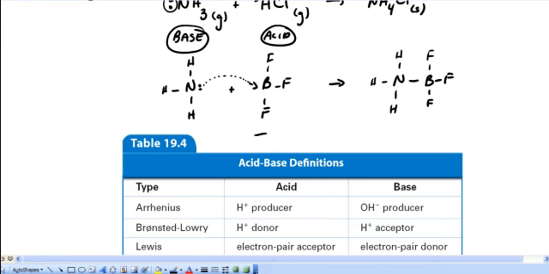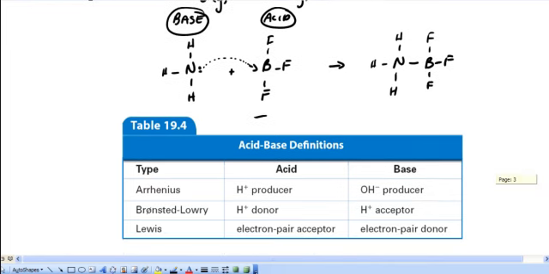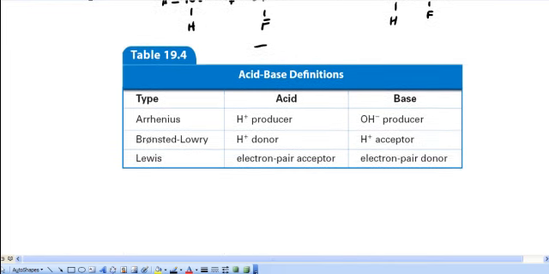So, taking a look at the definitions one last time. The Arrhenius definition says that acids will produce hydrogens, where the Bronsted-Lowry says that it will donate a hydrogen, where Lewis says that it's going to accept an electron. Arrhenius bases produce hydroxides, Bronsted-Lowry bases accept hydrogens, Lewis bases donate electrons.